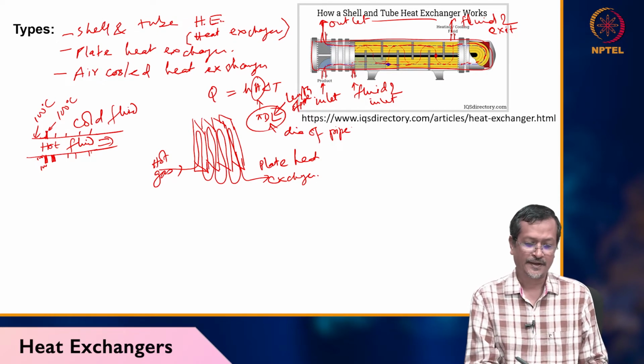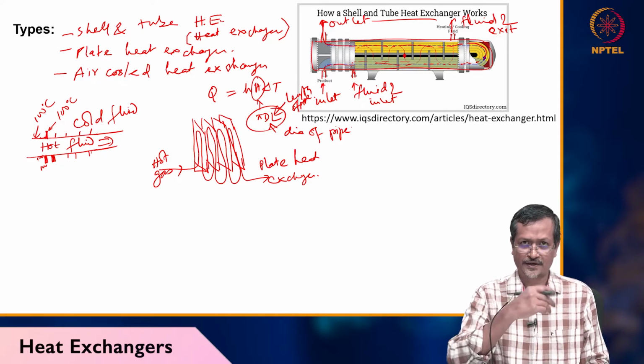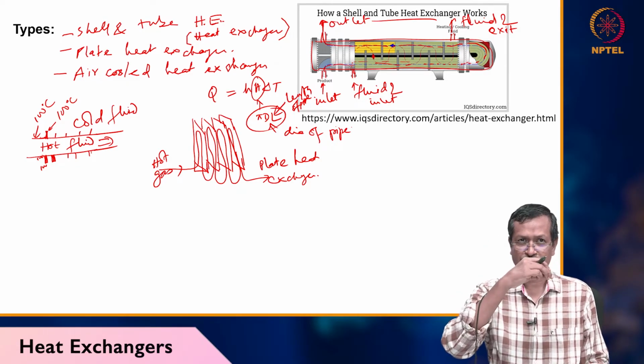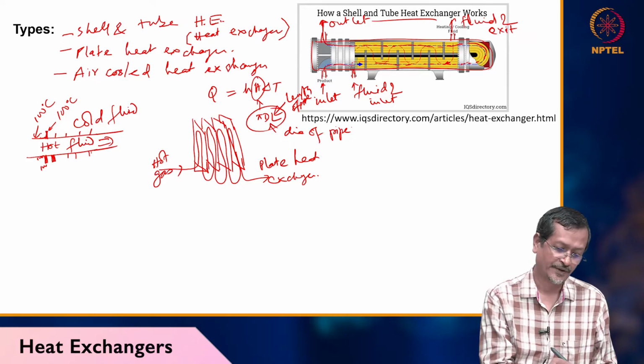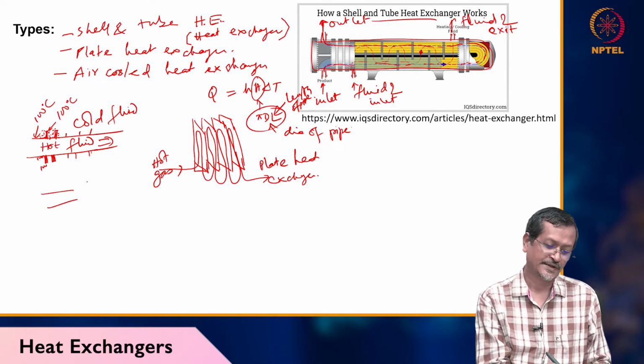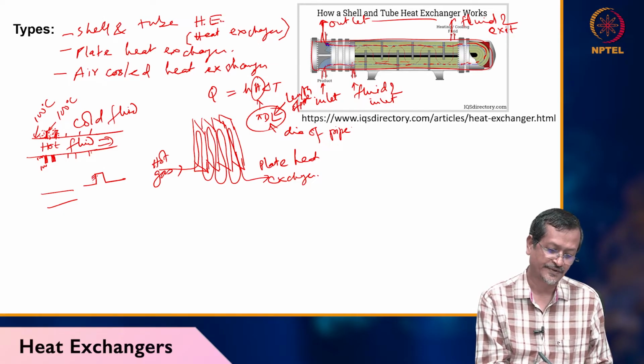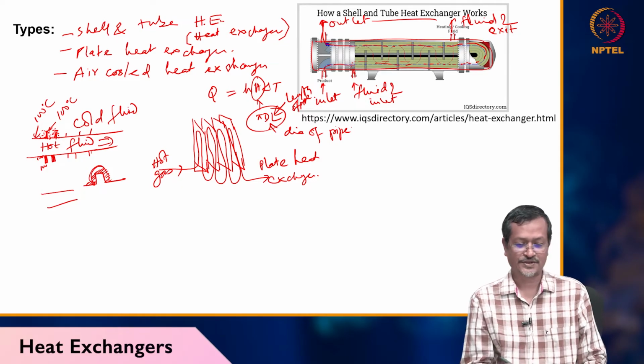Now what happened, because the fin extended, that means you increase the surface area, you see I am making dots here. Initially the surface area was like this, now my surface area becomes like this, so you get this extra surface, I am putting hash lines, this area is extra surface you got.